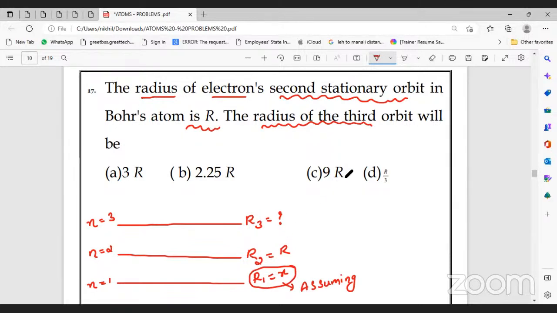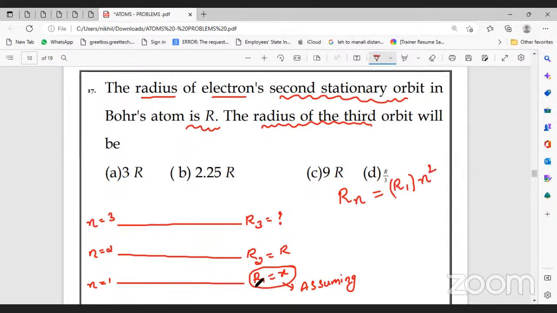From Bohr's concept, you know that the radius of the nth orbit is always equal to the radius in the first orbit times n squared.